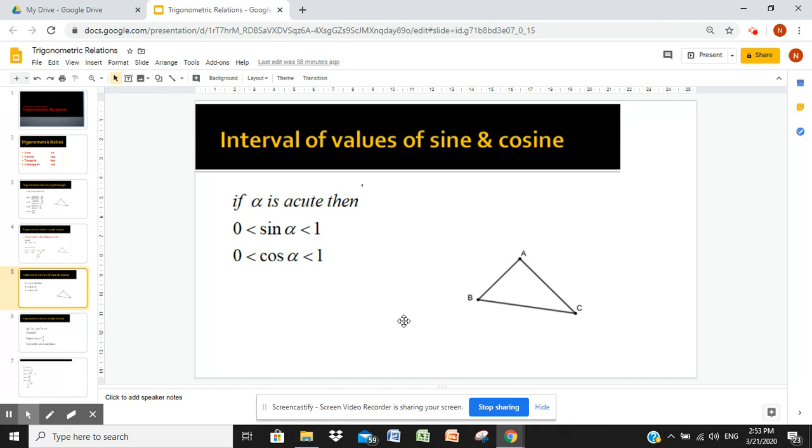And the cosine, same thing, since AB is less than BC. So the values of the sine and cosine vary between 0 and 1 if the angle is acute. And in a right triangle, we are dealing with acute angles. So the sine and the cosine vary between 0 and 1, but the tangent can take any value.